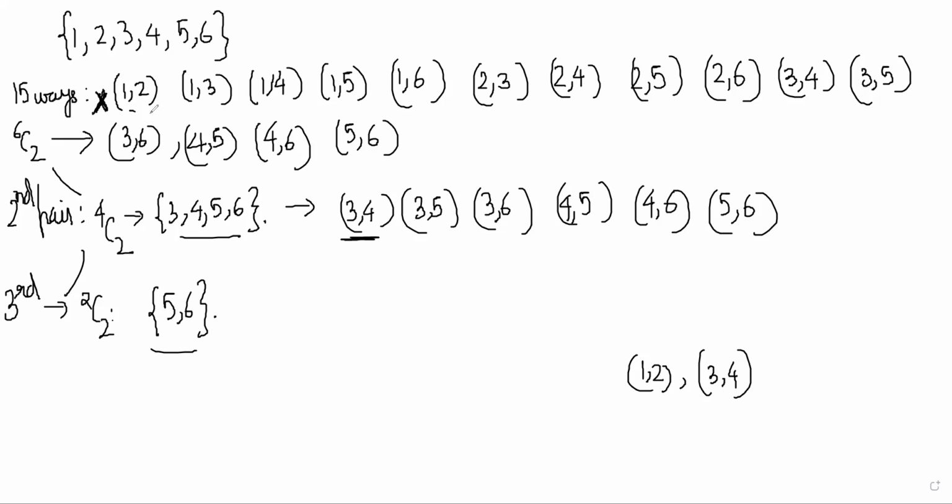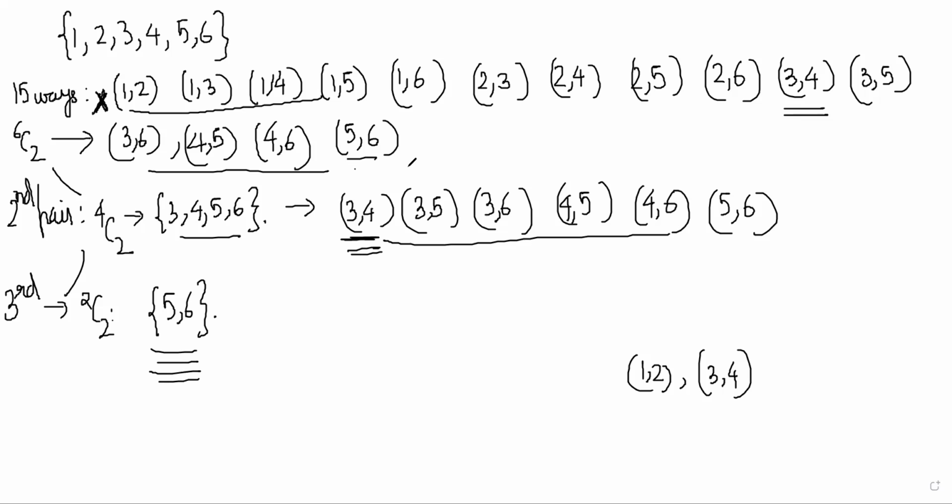When you multiply this 15 into 6 and into 1, you get 1 comma 2 here, but 3 comma 4 is here, and 5 comma 6 is there in all of the last three. 4 comma 6 is in the second and the third one, and 4,5 and 3,6 too. So many things you are counting many times, right?